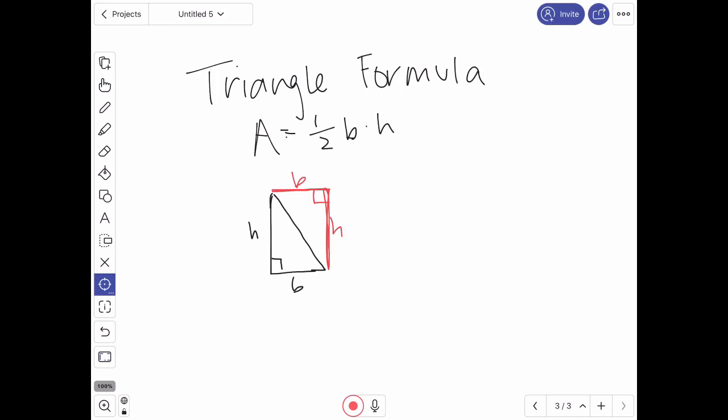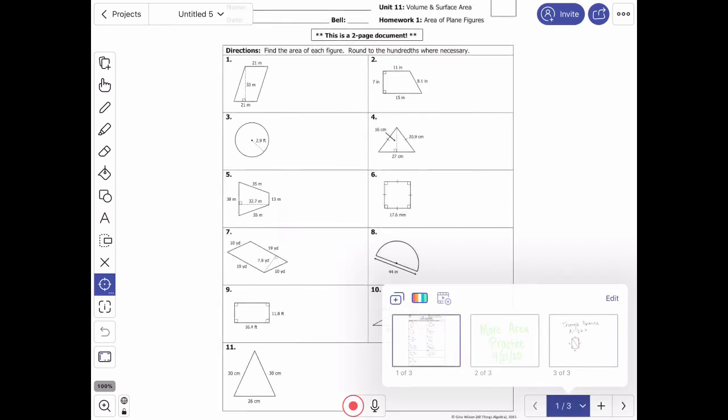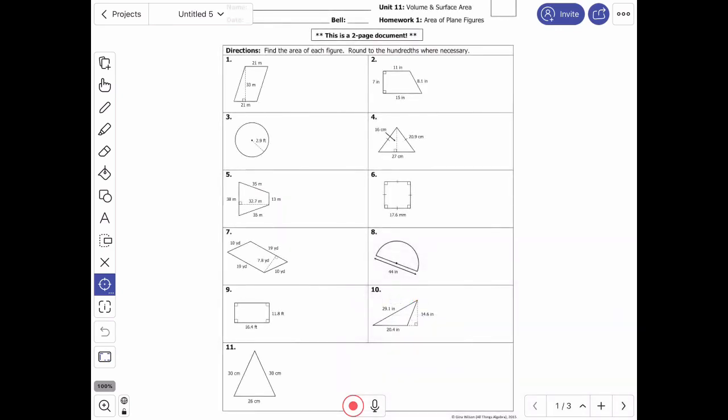So going to our notes for today, you are going to be turning in numbers 2, 4, 6, 8, and 10. Okay, so this video is going to be me just going through 1, 3, 5, 7, 9, and 11, just to give some of you that extra practice and extra instruction.